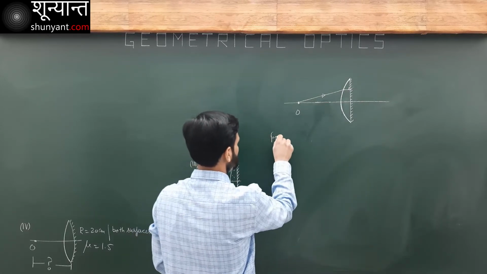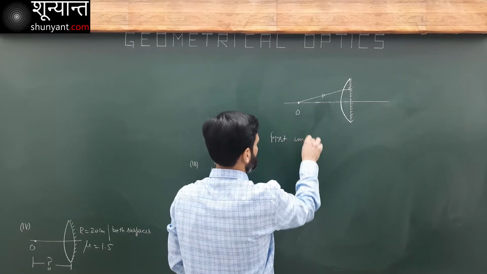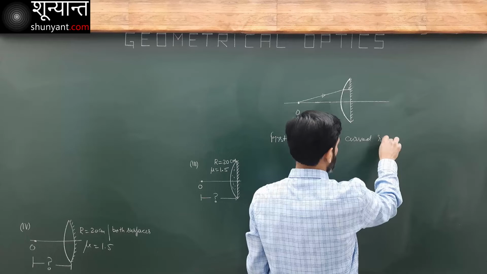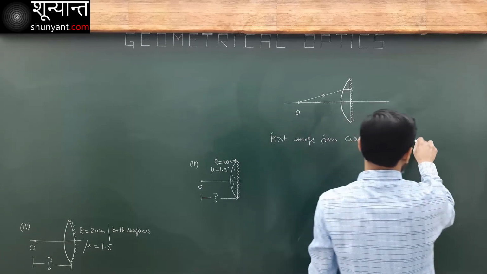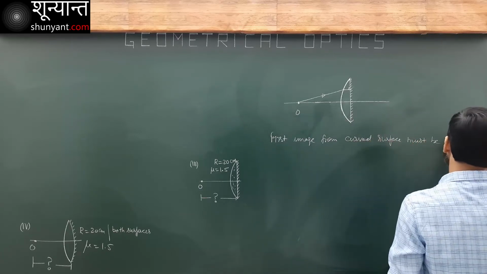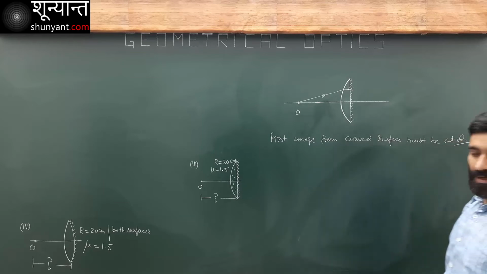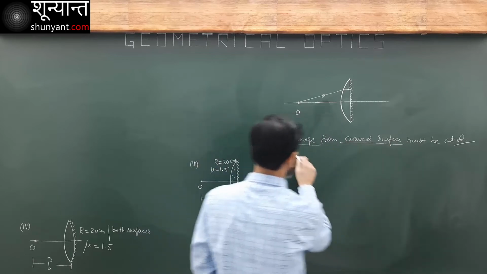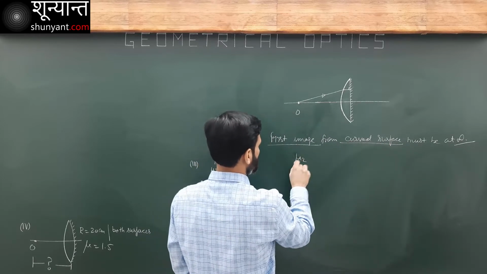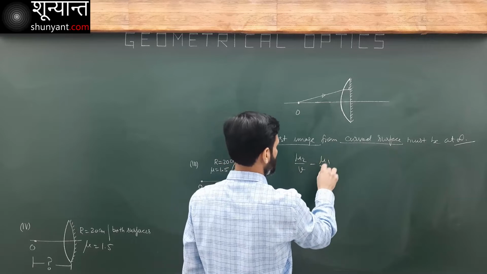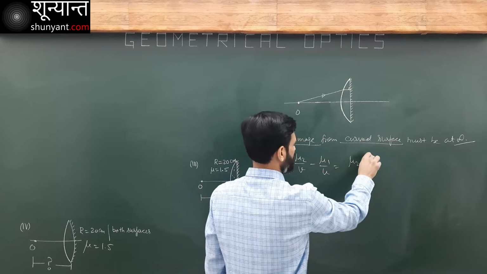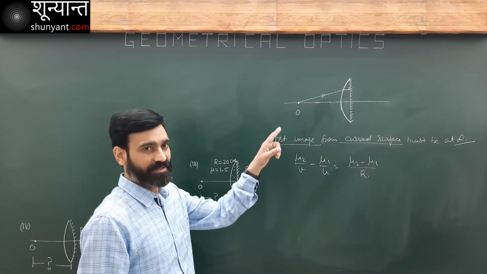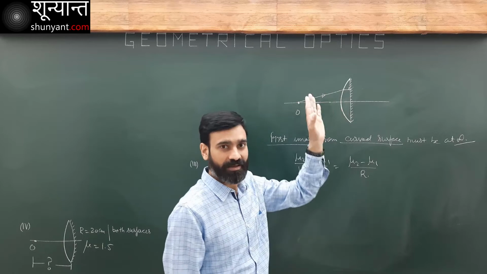First, the image from the curved surface must be at infinity. Now, what is the formula for refraction from a curved surface? I have this: mu2 over v minus mu1 over u is equal to (mu2 minus mu1) over R. I want my image from this surface to be at infinity.